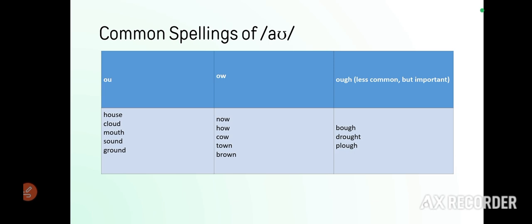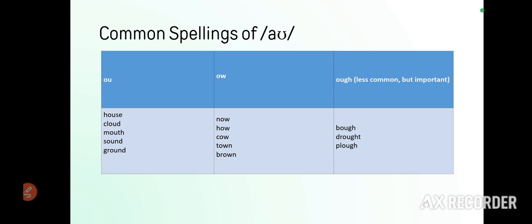So we want to see the common spelling for ow. We call this ow. As in house. When it's spelled OU, we have words like house, cloud, mouth, sound, and ground.